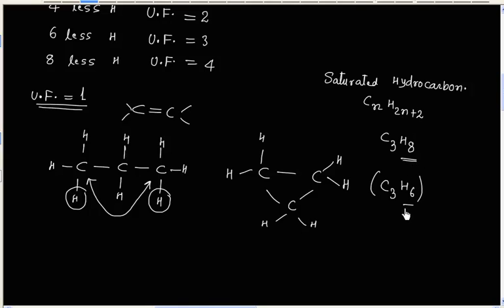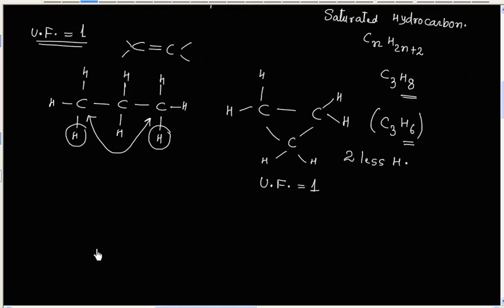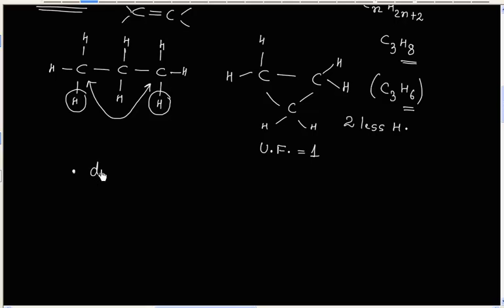But we have only 6 hydrogen, that is we have 2 less hydrogen. So in this case again, unsaturation factor is 1. So there are two ways by which we can achieve unsaturation factor 1: we can create a double bond, or we can create a ring.